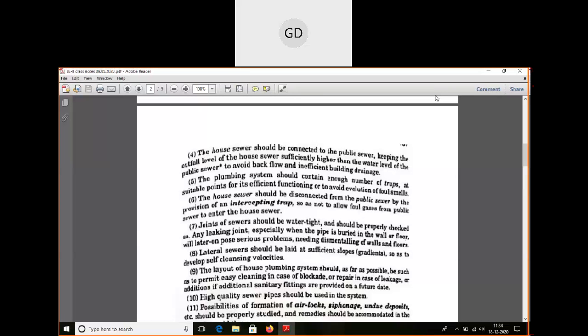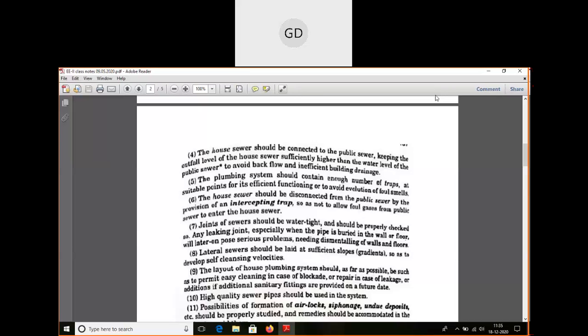Now next is that the joints of sewers should be watertight and should be properly checked. Any leaking joint, especially when the pipe is buried in the wall or floor, will later on pose serious problems needing dismantling of walls and floors.